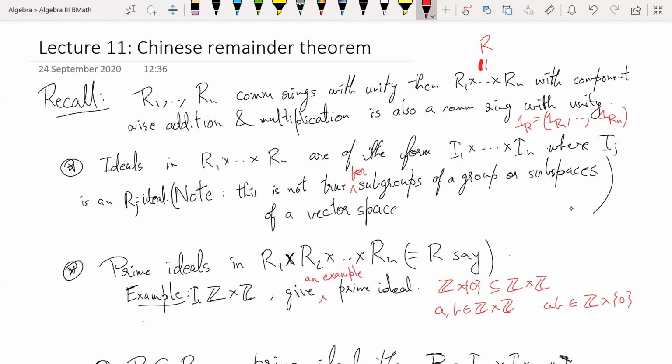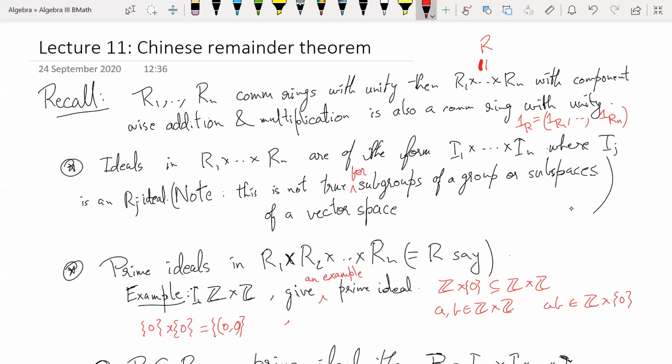How about 0 cross 0? Is this a prime ideal? No, it is not. Why is this not a prime ideal? We can consider (1, 0) times (0, 1). 0 cross 0 is basically the set consisting of one element, (0, 0).